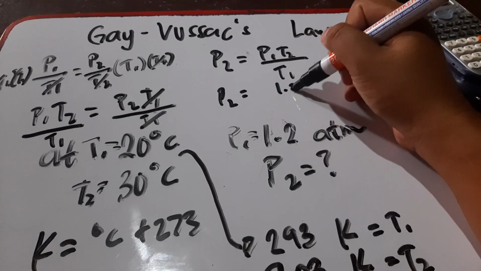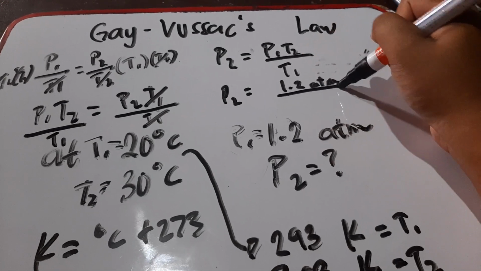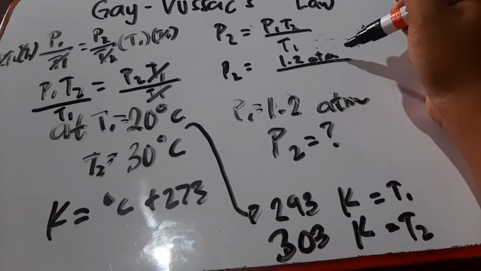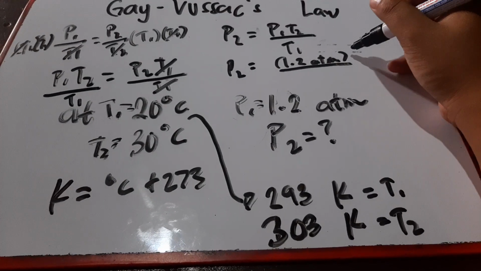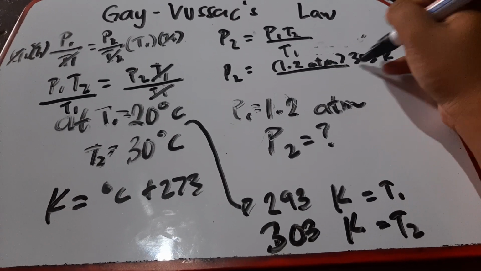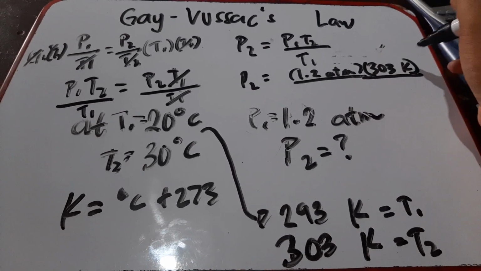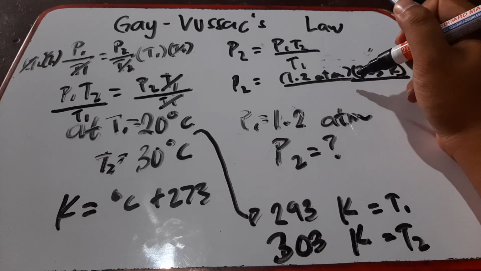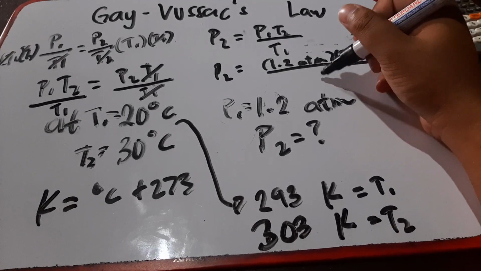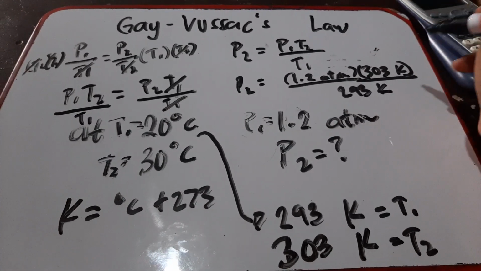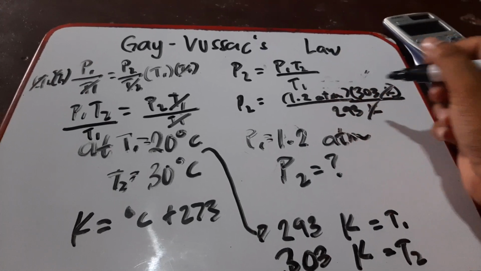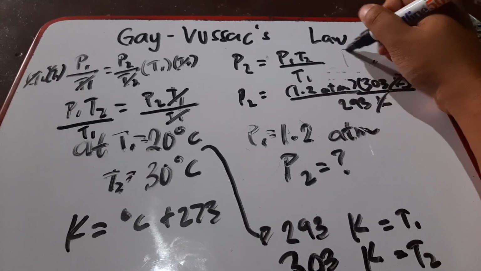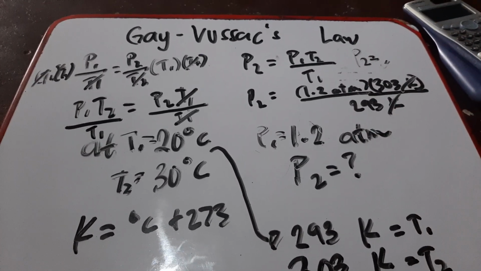P1 is 1.2 atm, and then my T2 is 303 Kelvin. Make sure to always write the units involved, and T1 is 293 Kelvin. Alright, so cancel the unit. We'll be left with atm. That's what we are looking for, P2.